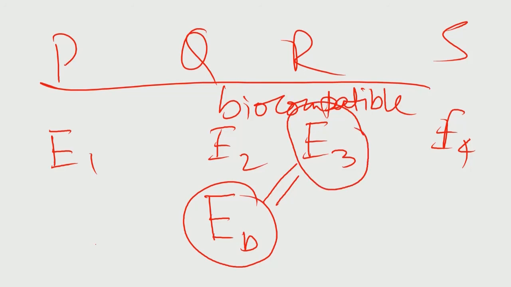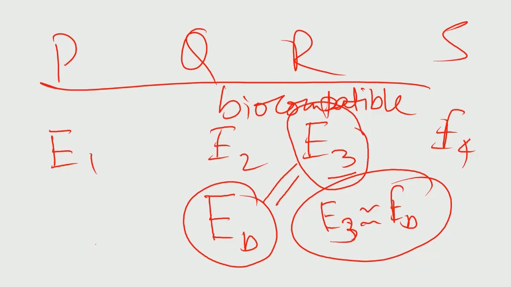For this hypothetical example, if the elastic modulus E3 of material R is very close to EB, the bone elastic modulus, then you have to choose material R, and I should tick it, because for orthopedic applications or bone regeneration applications, which are essentially for restoration and repair of bone defects or osteochondral defects, you have to see that the material has an elastic stiffness extremely close to that of natural human bone.